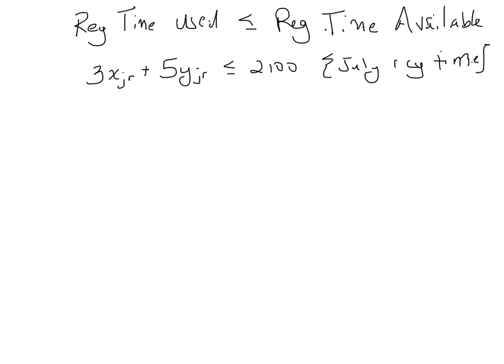Go back to my other styles maybe. For August, we had a total of 1500. And for September, we had 1200 hours.